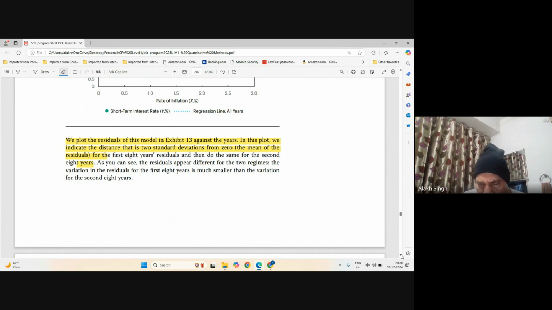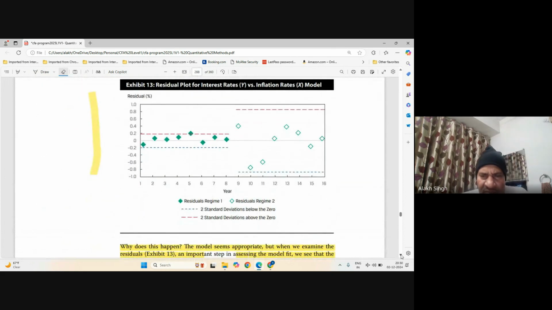So here is the plotting that you were asking about. These first 8 residuals, the error terms, have been plotted, and the 95% band is clustered, while this band is much wider for the second period of error terms. When the error terms have a wider range, it means there is heteroscedasticity.